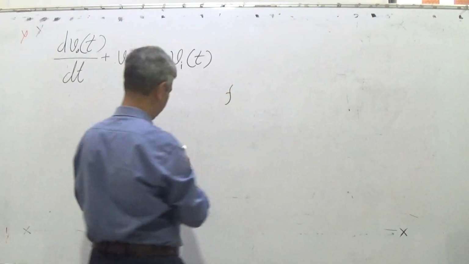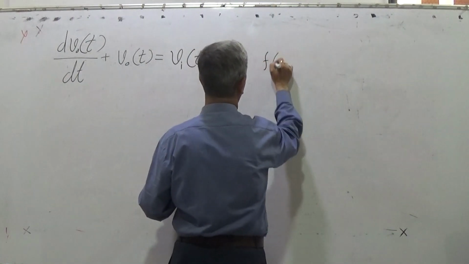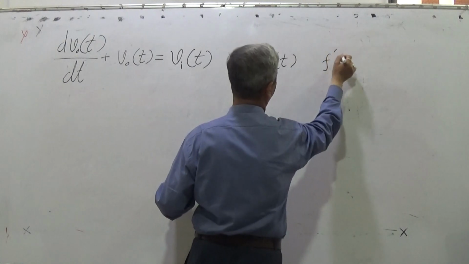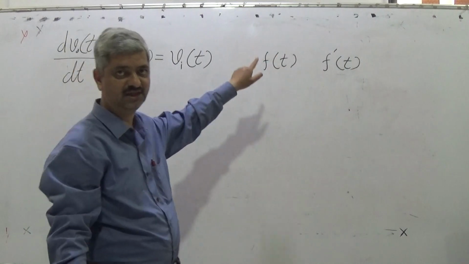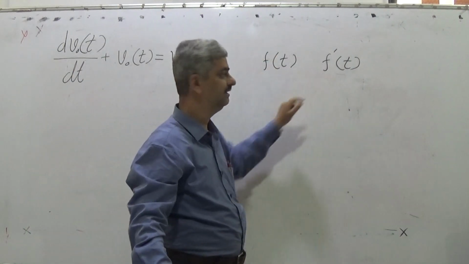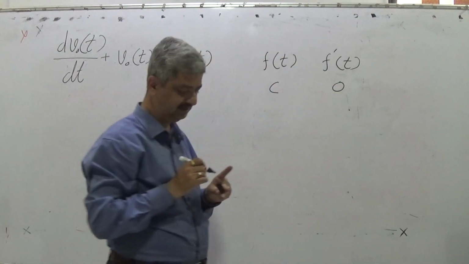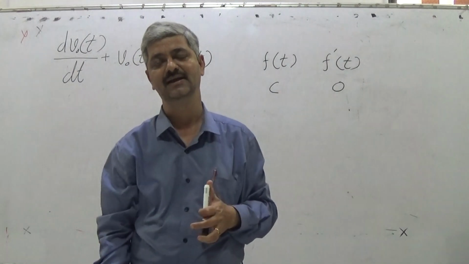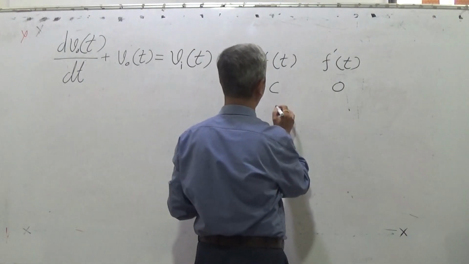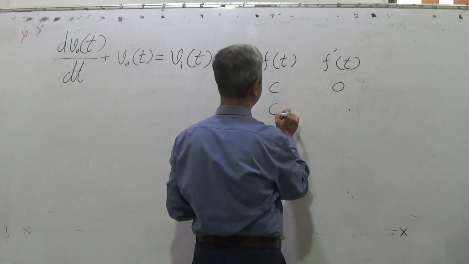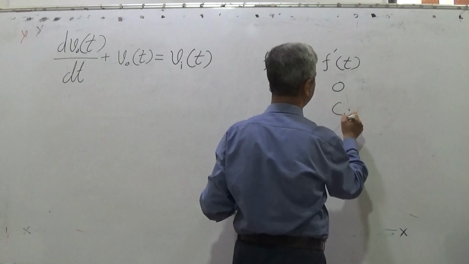If f(t) is constant, f dash t, that is the function derivative, is 0. Very simple. Then if f(t) is c1 t, f dash t is c1.